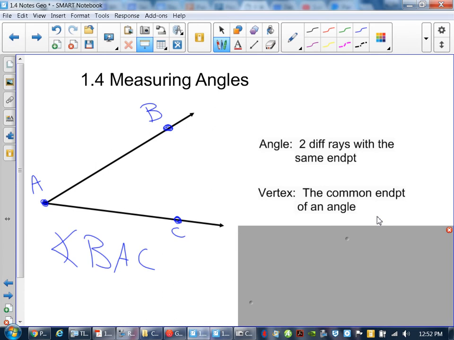The reason my teacher in geometry said that we do it that way is because as you get into trigonometry, angles will be placed upon what's called the unit circle. And as you draw out portions of the unit circle, you'll measure arcs.